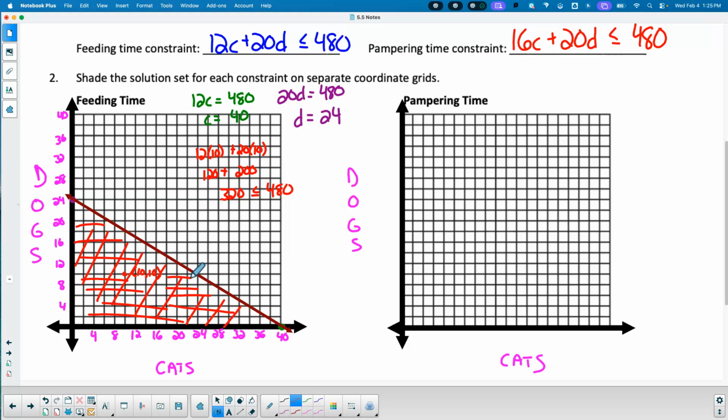For dogs, it should be the same, yep, because they're both 20. So we've already got the dog intercept of 24 up here. Oops, I got to label these.